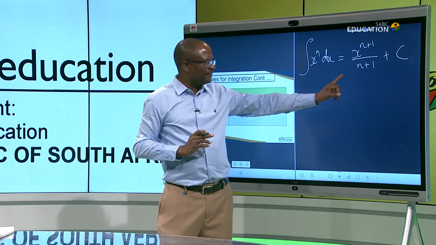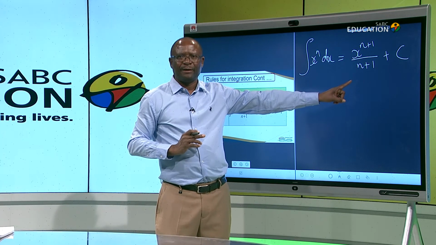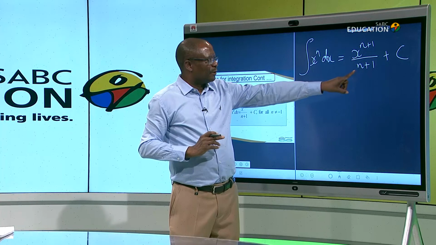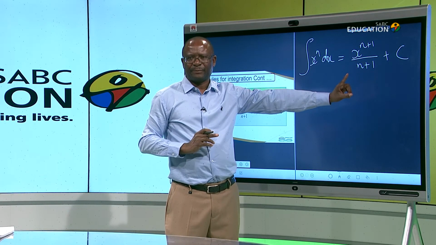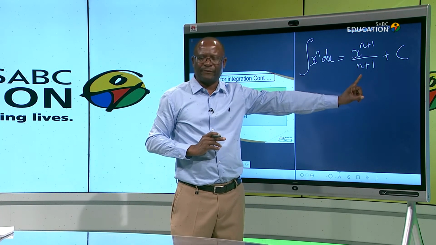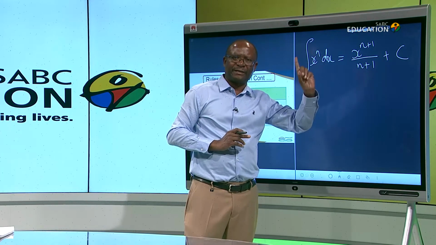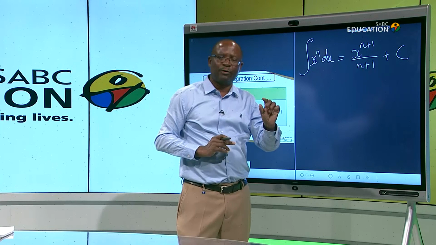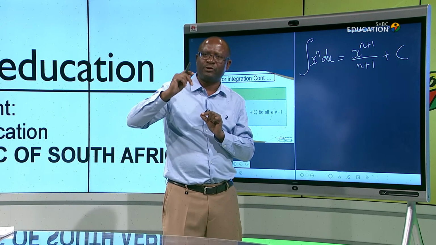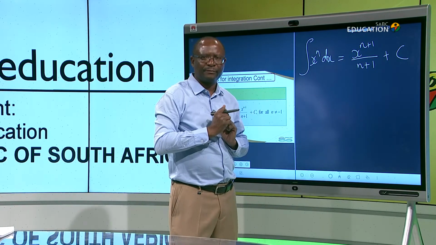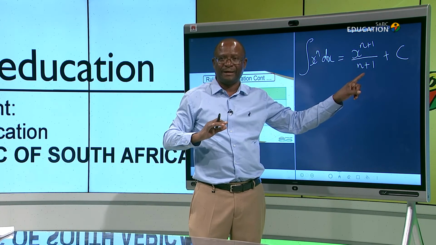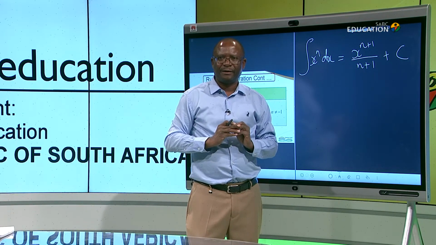The other important thing here is that immediately when we write this formula, we end up with a fraction. And whenever we are dealing with a fraction, for the function to be valid, ensure that your denominator must not be equal to 0. When you look at our denominator here, it is n plus 1.